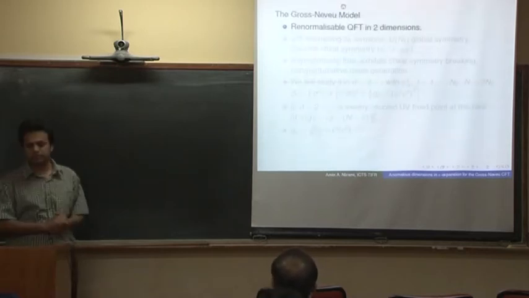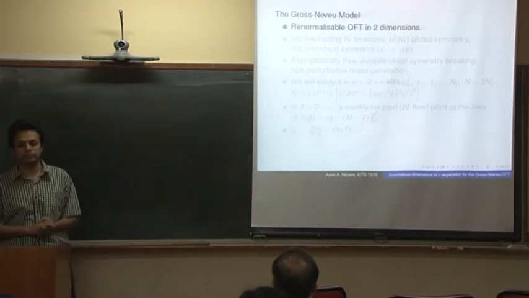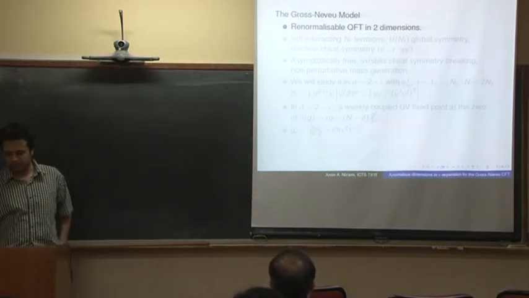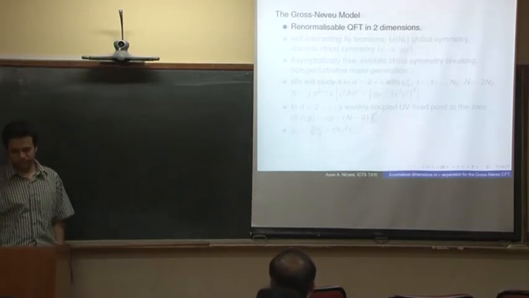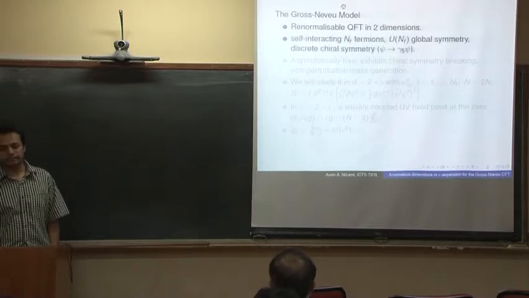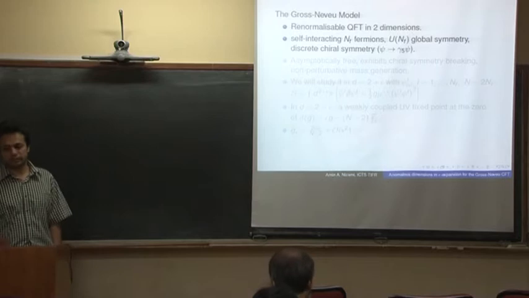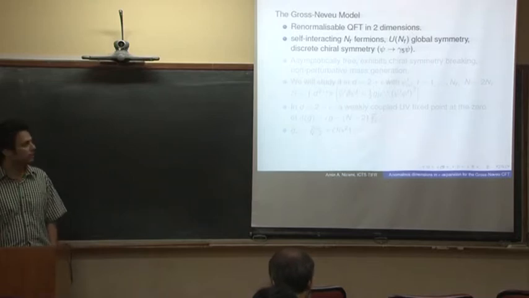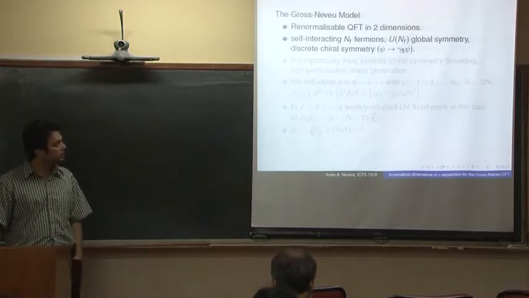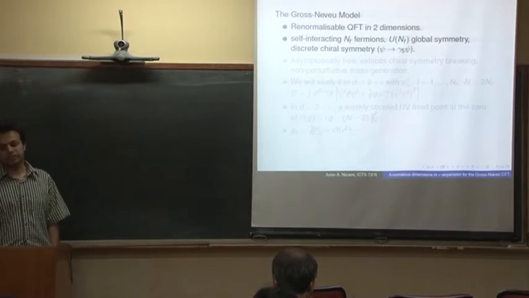Okay, so some general remarks about the Gross-Neveu model. This is a renormalizable quantum field theory in 2 dimensions. It consists of self-interacting fermions with a U(N) global symmetry. It has a discrete chiral symmetry which is spontaneously broken.